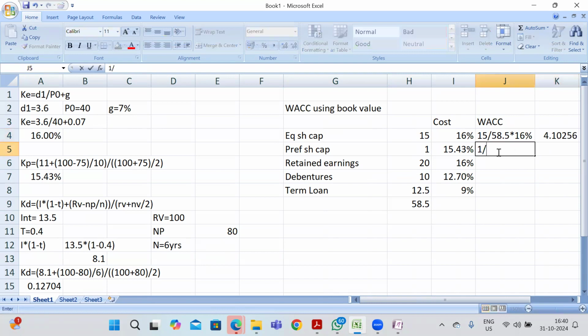Here 1 divided by 58.5 into 15.43. Everything I'm mentioning in percentage itself. So 0.2638. Then retained earnings 20 divided by my total weight, that is 58.5, into 16%.